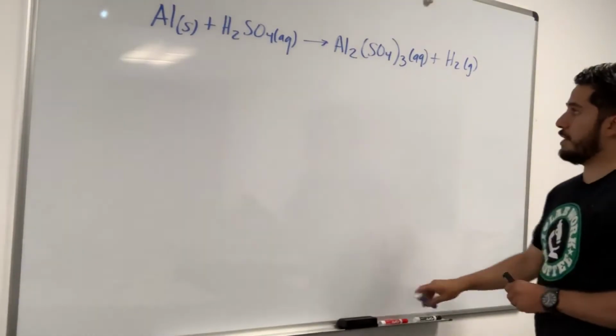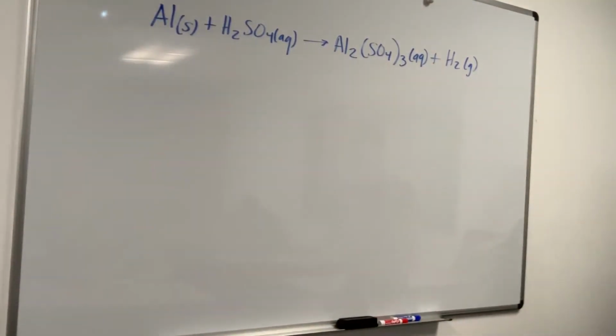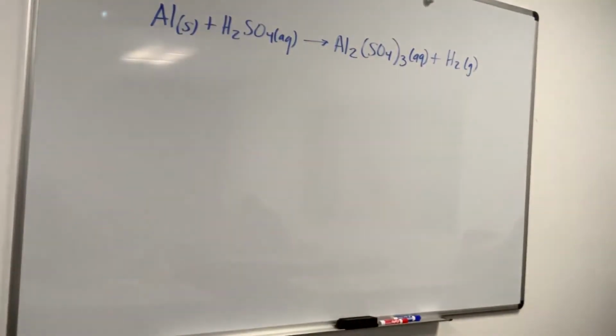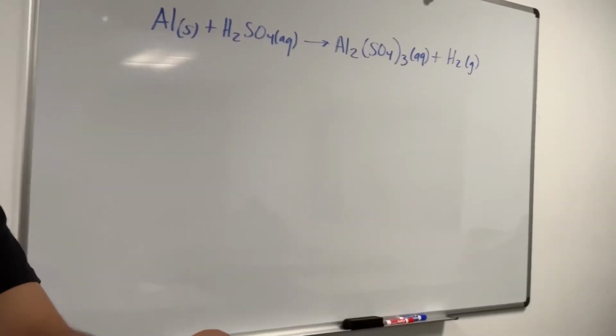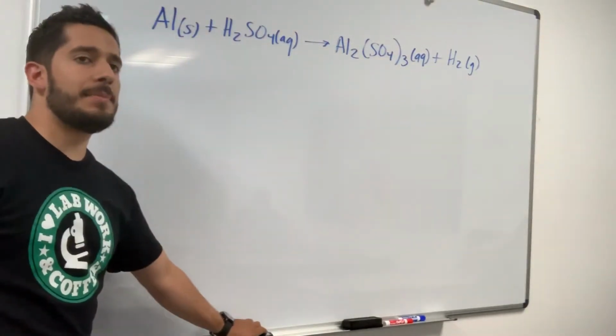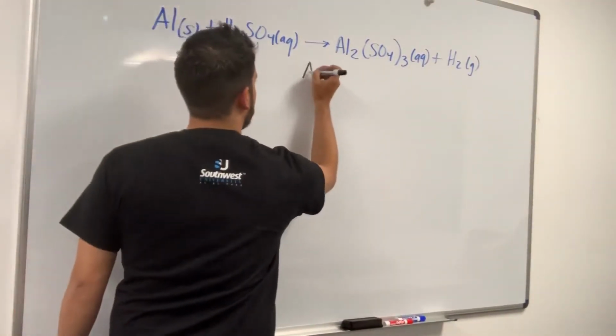Now we're going to balance this equation. First, count the atoms that we have on the left and on the right side. Oh, it's mirrored. Okay. How many different kinds of elements do we have in here? We have aluminums. I like to put them in the center, right? Aluminums.